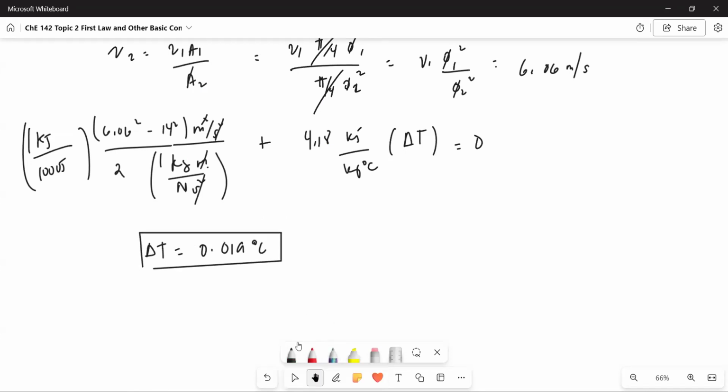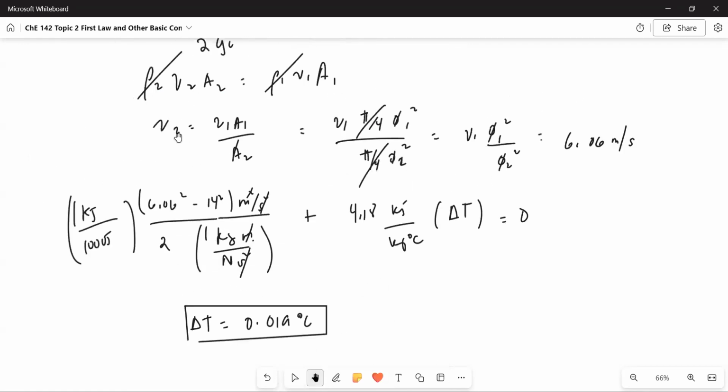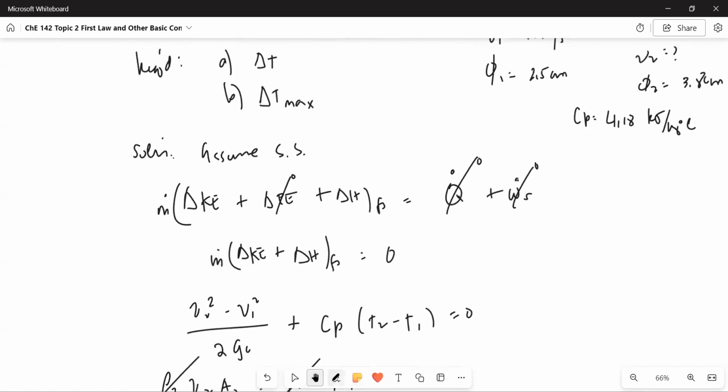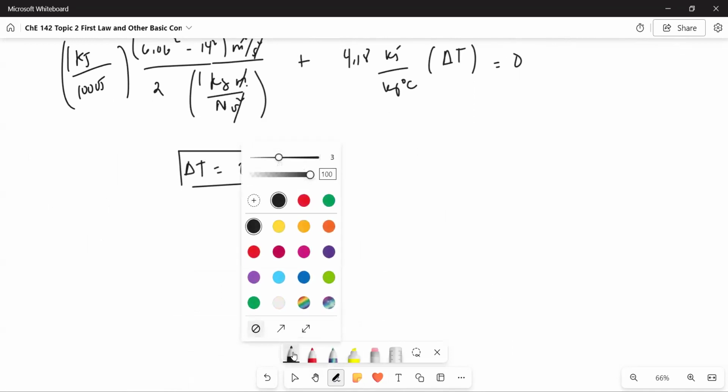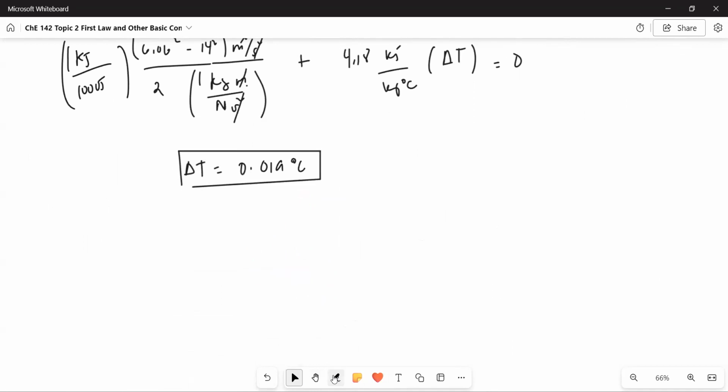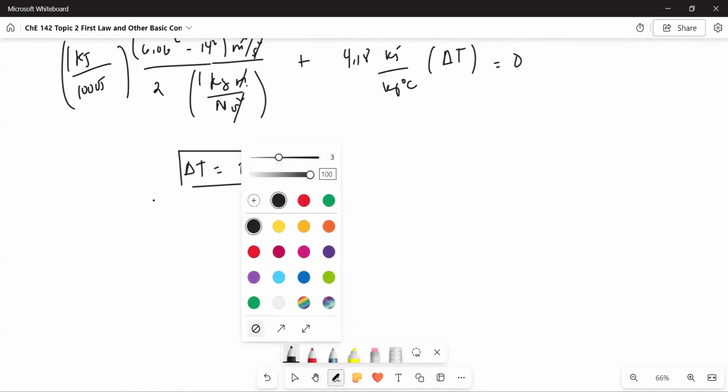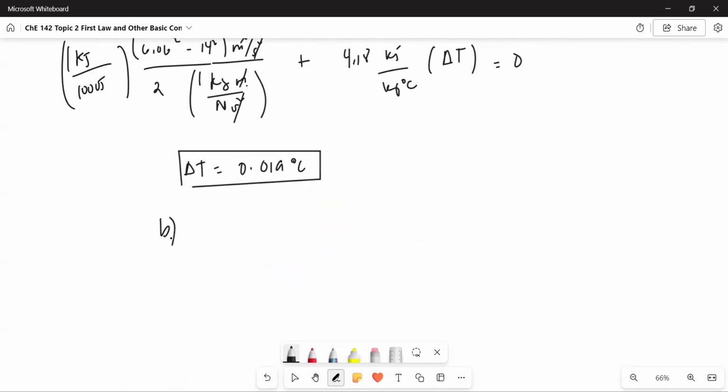So this is letter A. For letter B, we're asked for delta T max. We don't know the diameter.